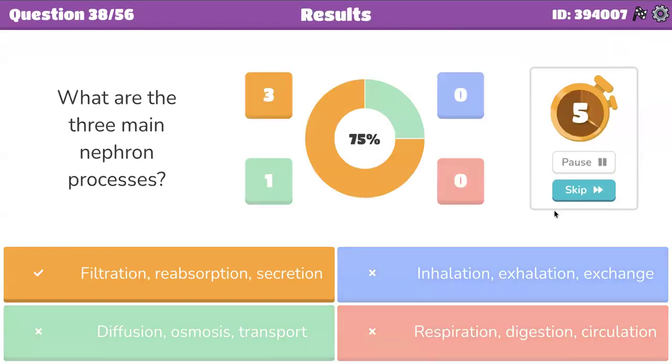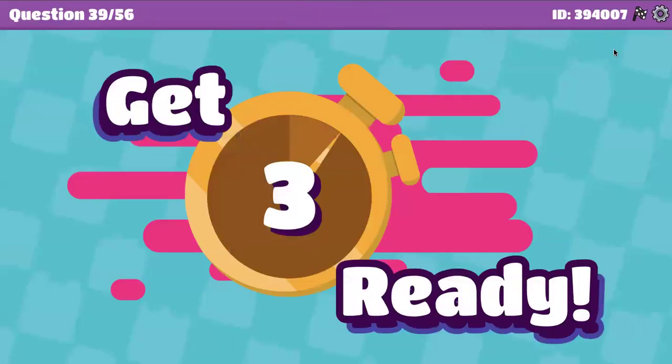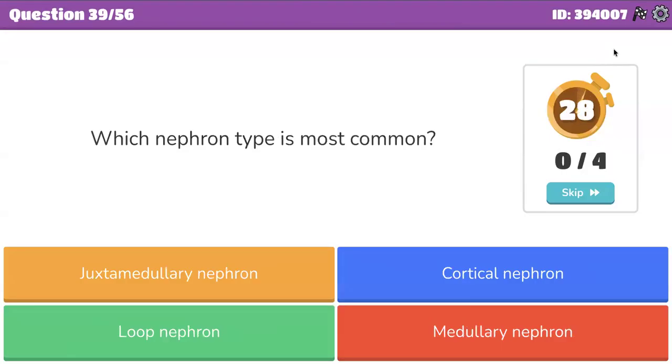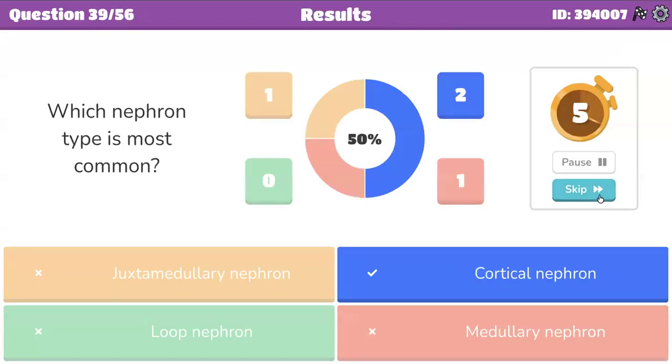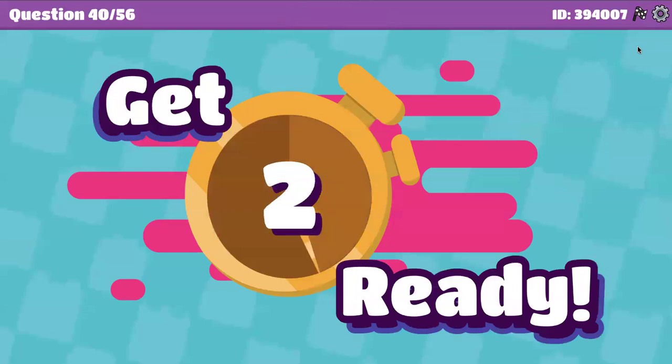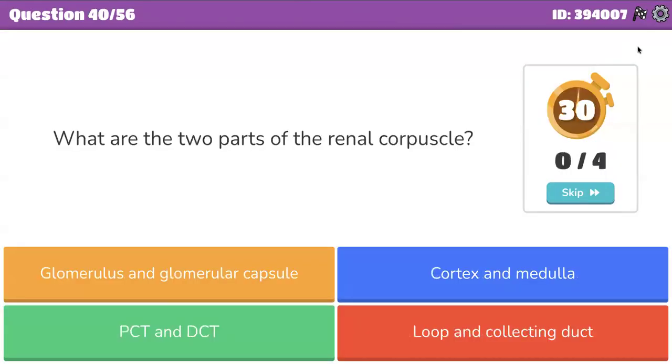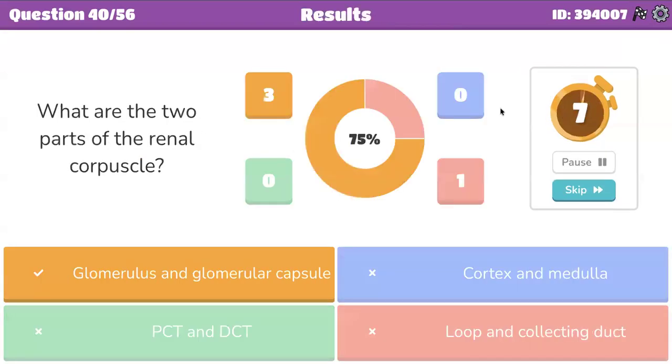Filtration, reabsorption, and secretion. Which nephron type is most common? Cortical nephron. What are the two parts of the renal corpuscle? The glomerulus and the glomerular capsule.